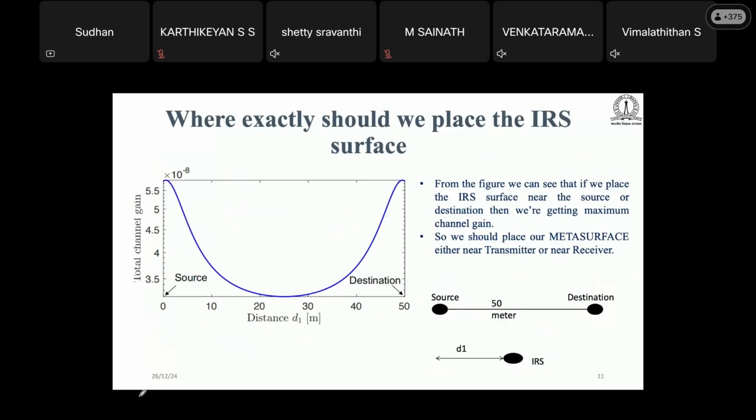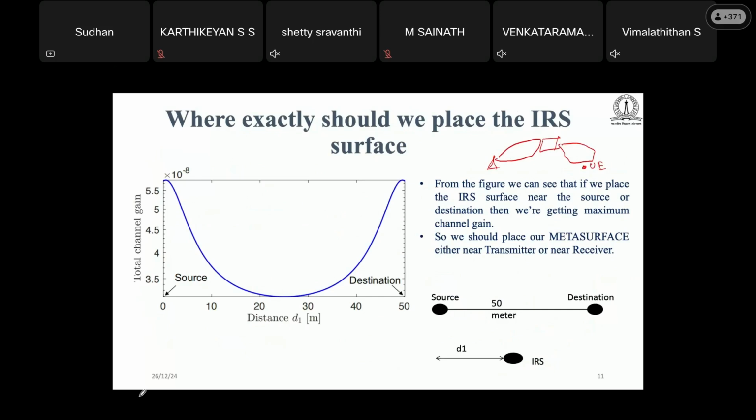But the other problem, which is a main problem, is this: when we put an IRS element here, and there is a base station and a user equipment, during this path you can see there are two paths.